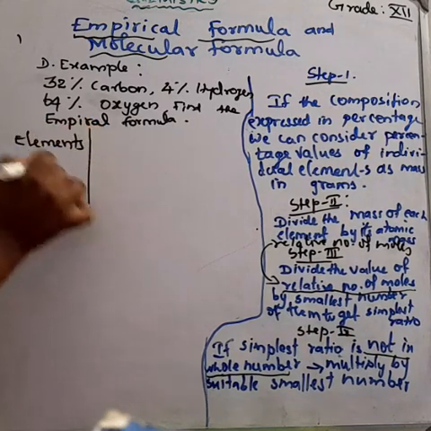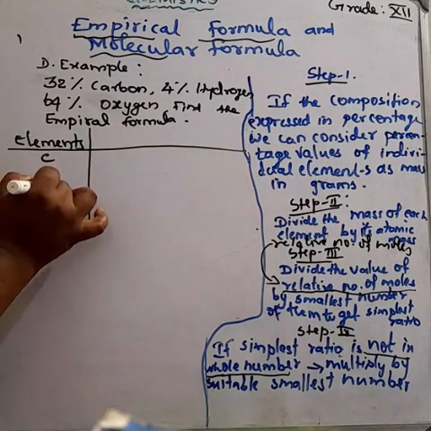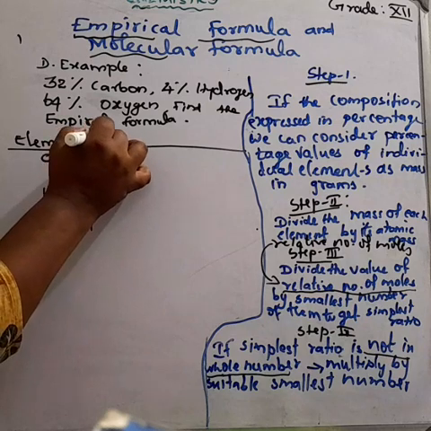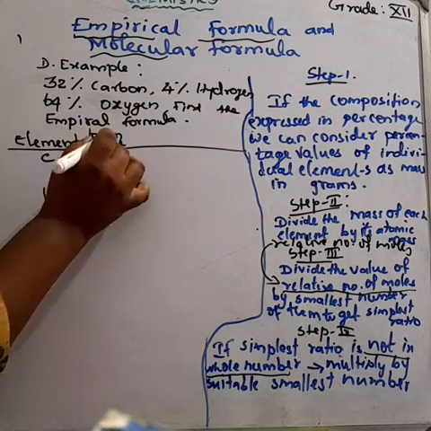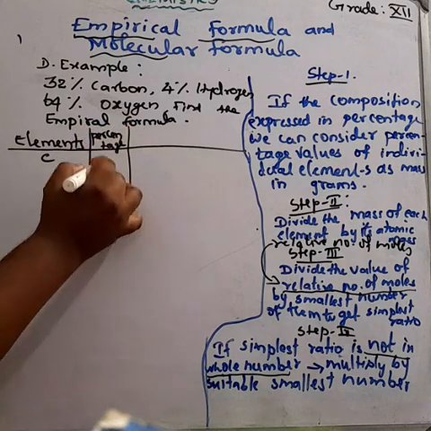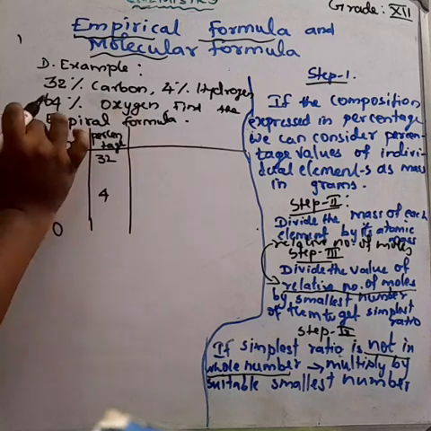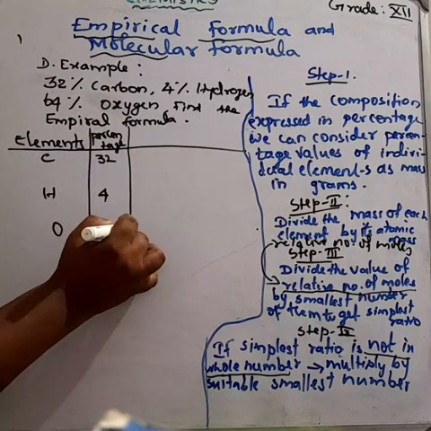What is the percentage given? Carbon 32, hydrogen 4, and oxygen 64.